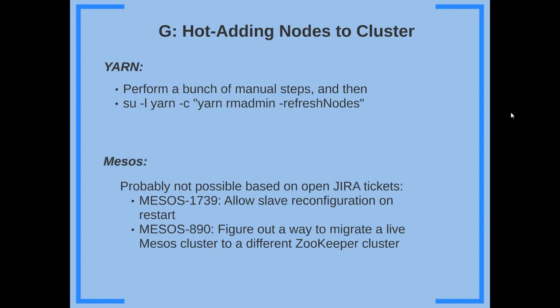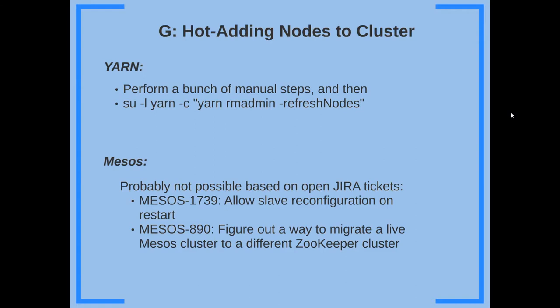Another gotcha is, if you're putting Spark into a real production system, you're going to eventually want to be able to add nodes on the fly to your cluster. I haven't actually tried to do this, but from my reading of Jira and documentation as well, it looks like it could be done in Yarn, but probably not Mesos at this time.